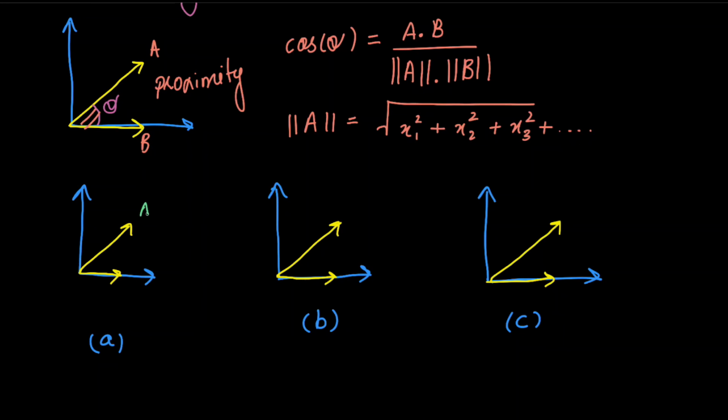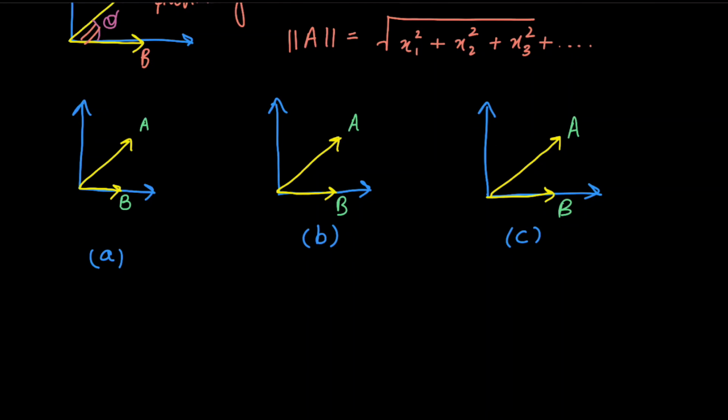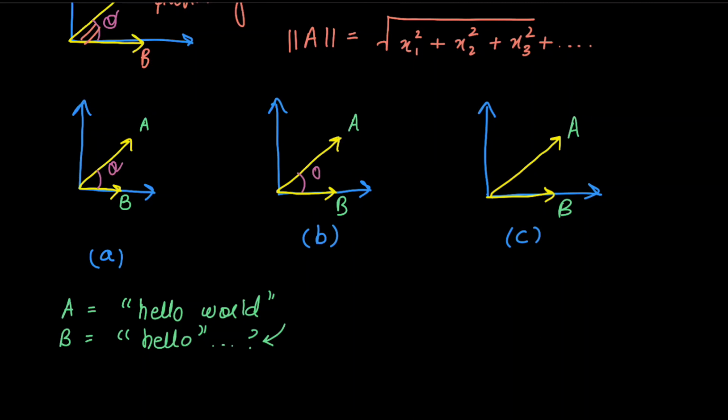This is my vector A and this is my vector B. A represents "hello world" and B represents just "hello", and we want our completion right here. All right, so the angle between them is theta.